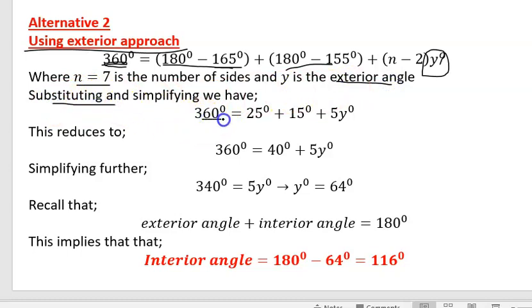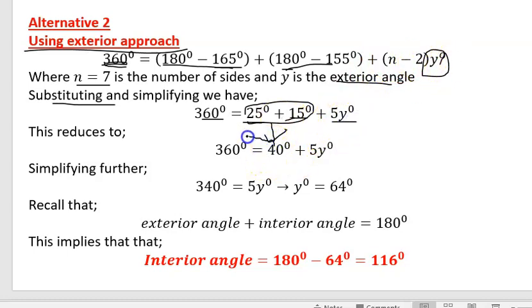So we are going to have 360 equals 180 minus 165, which you get 15, and 180 minus 155, which you get 25. Now summing these two, we get 40. Then 7 minus 2 times y, we get 5y.